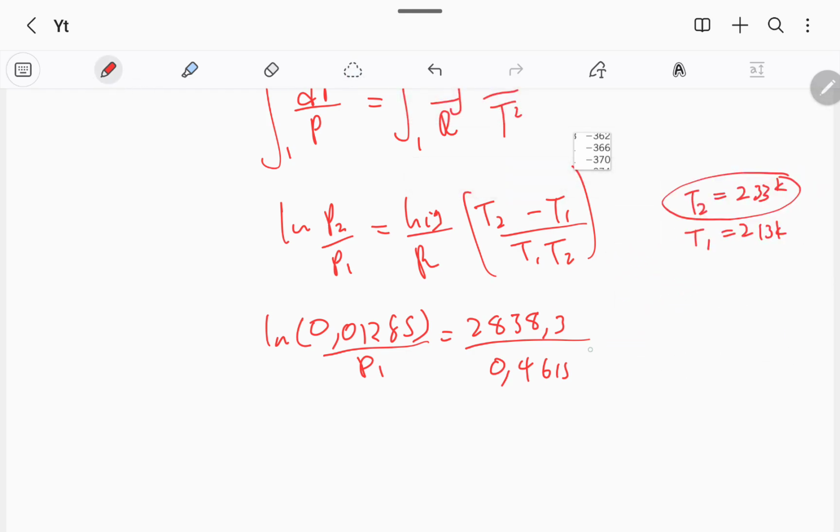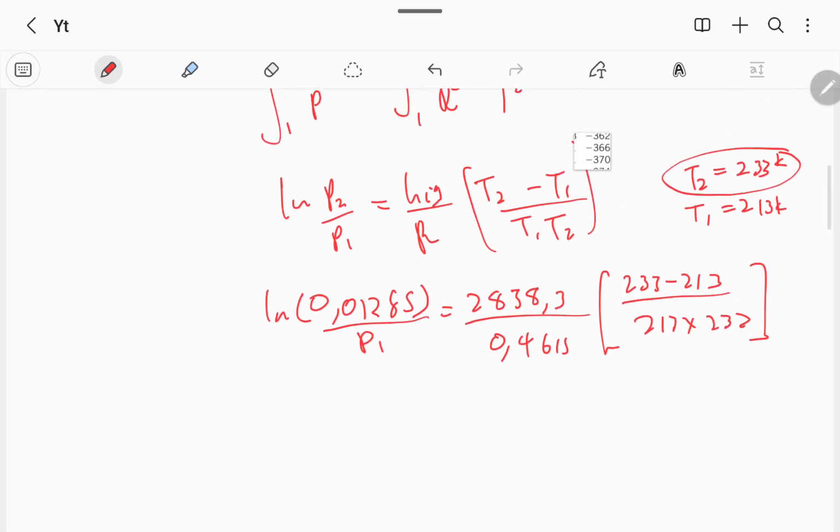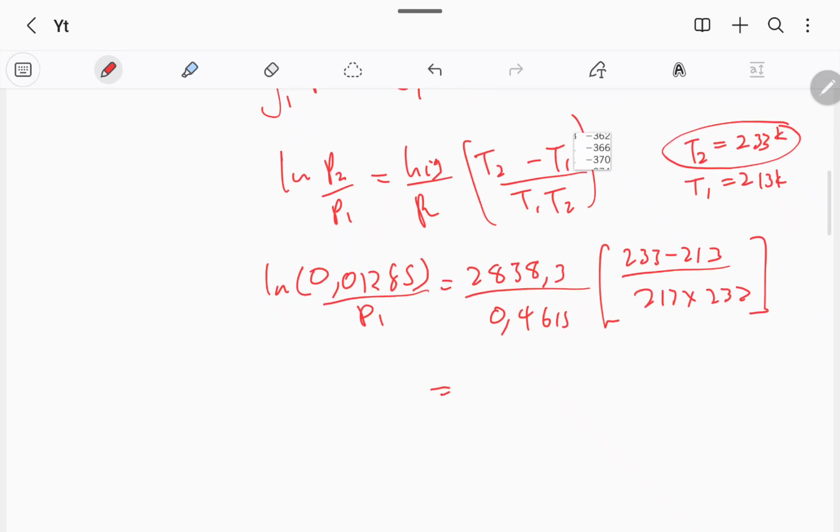We can continue. Then the difference in the temperatures: T2 is 233 minus 213, all over 213 times 233. Then you compute. If I put all of this side in the calculator, it yields 2.478. On this side, if I exponentiate both sides, I'll have 0.0128 all over P1.